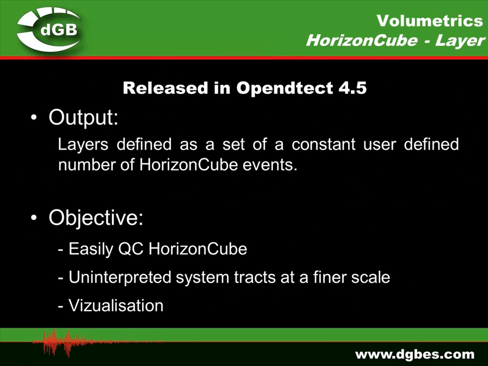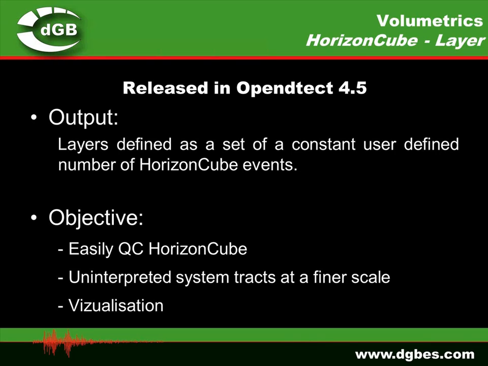In 4.5, you are still able to create layers using a defined number of events. You can create layers from your HorizonCube, so this is also a way to QC your HorizonCube. It's also a way to get an interpreted system tract at a finer scale.